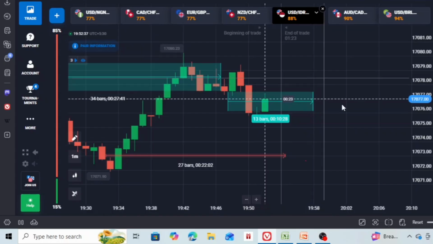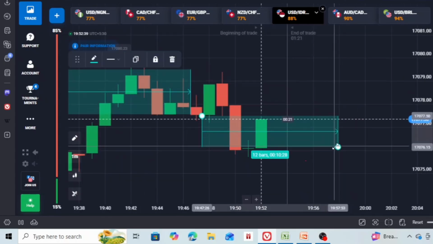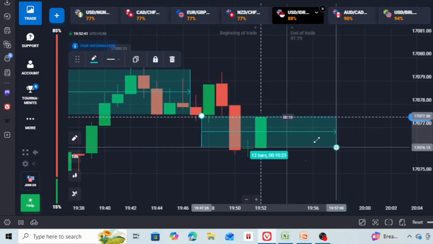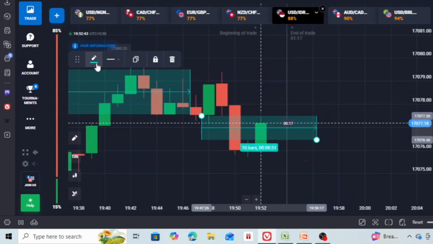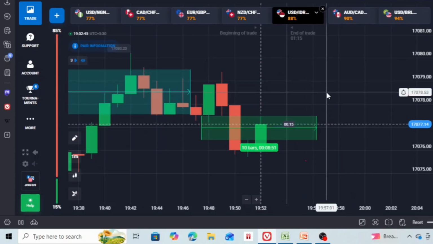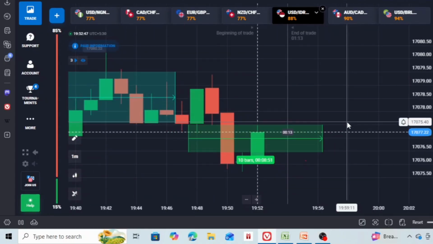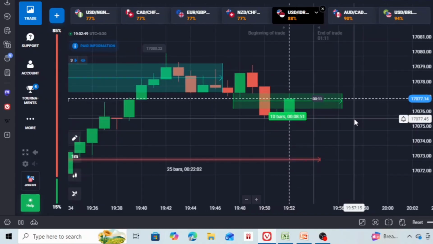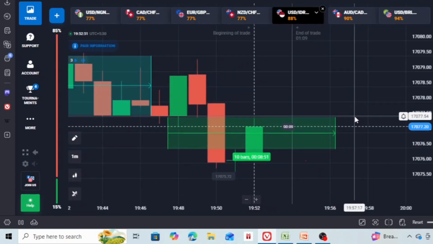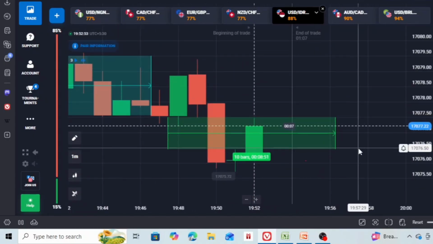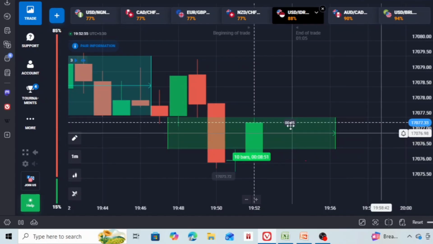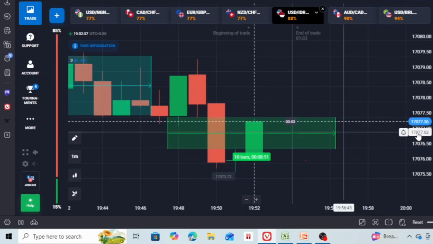Okay, so if we get the rejection from this gap, we will go to the downward direction. Okay, if there is no rejection, no trade, but if there is rejection, we will try to go to the downward direction here as well. Okay, so we are getting some of the rejection.